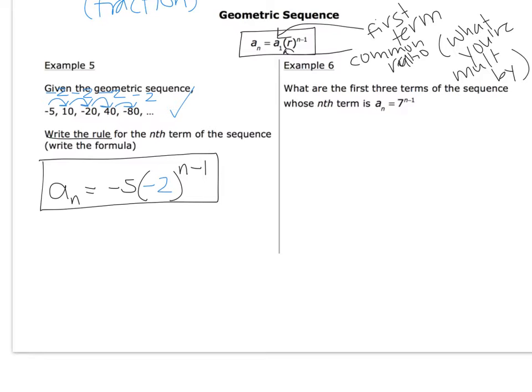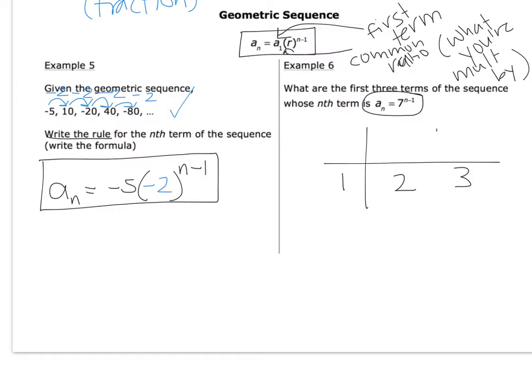Last but not least here, what are the first three terms of the sequence whose nth term is a sub n equals 7 to the power of n minus 1? Basically, guys, you are given the formula, and you have to find the terms. So why don't we set up little numbers right here: the first term, the second term, the third term.